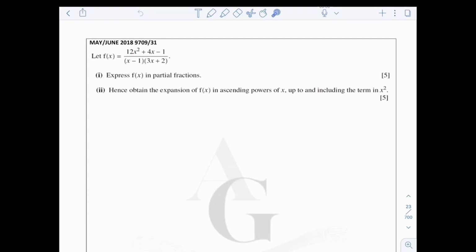The first factor is linear, and the second factor is also linear. So most students will say this is type 1 and proceed straight away with the type 1 procedure. But that's wrong, because the degree of the upper part is power 2, and the degree of the bottom part is also power 2, which means this is an improper fraction.